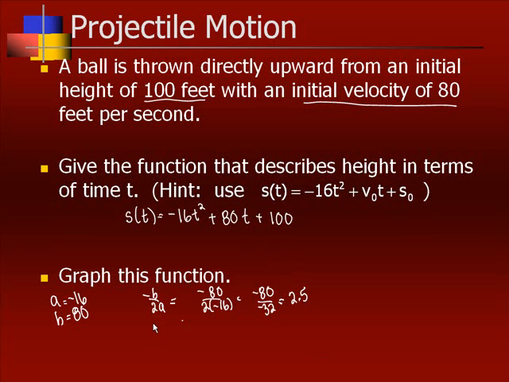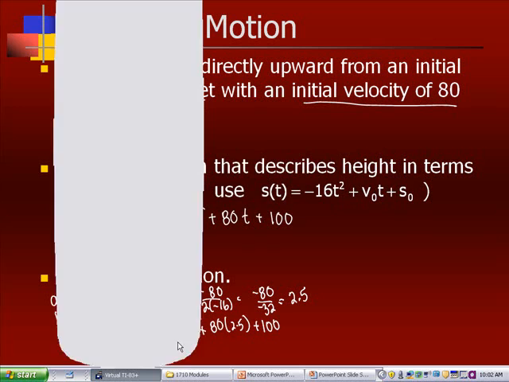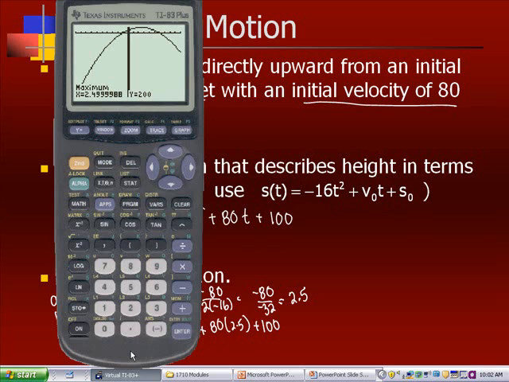Then we're going to plug 2.5 back in, so we'd get negative 16 times 2.5 squared plus 80 times 2.5 plus 100, which would give us 200.